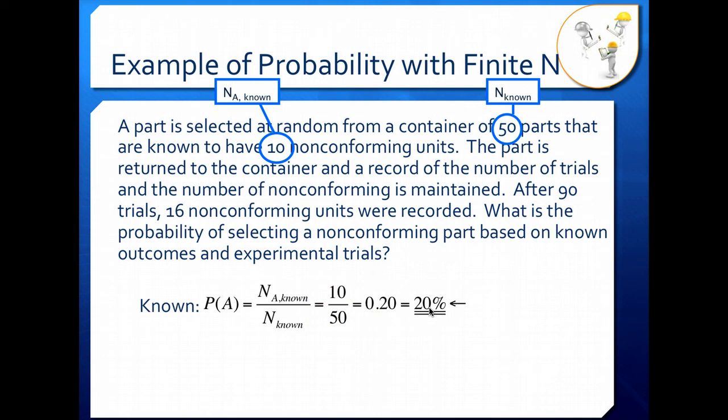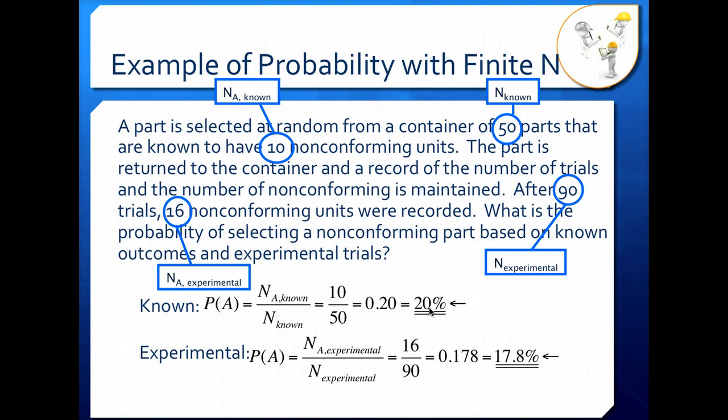Let's look at the number of experiments. When we talk about our experimental data, we did this trial 90 times, so our total amount is 90. We picked 16 non-conforming parts out of that 90. So our experimental n sub A and our experimental n are different from our known values, or our population.